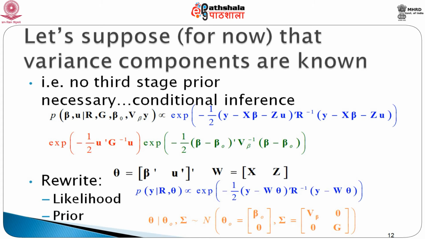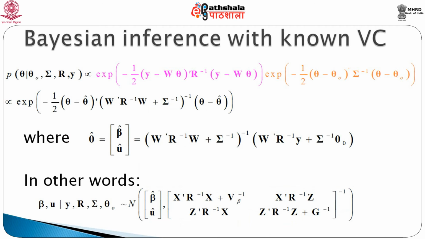Then the prior for theta is normal with mean theta naught and sigma, where theta naught is (beta naught, 0) and sigma is block diagonal with V_B, 0, 0, G. So this is basically a block diagonal structure for the dispersion matrix of the prior for theta.